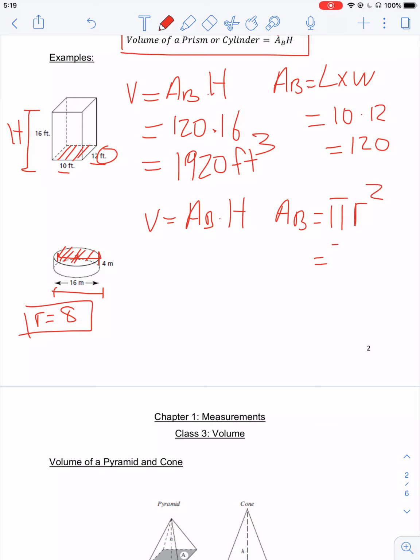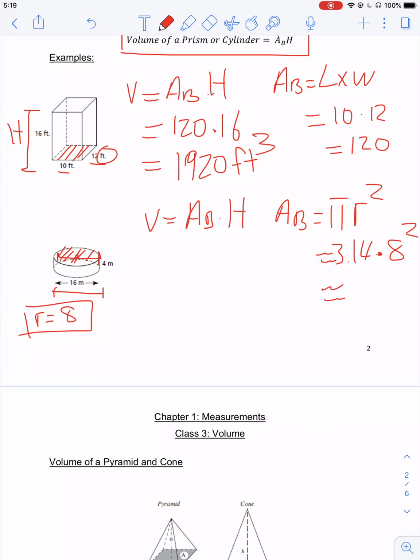Pi is a constant. It has an approximate value of 3.14. And then times, you could use brackets, you could just put a dot, however you want to do it, 8 squared. And I should maybe use approximation. I was watching yesterday's videos and I didn't put approximation.